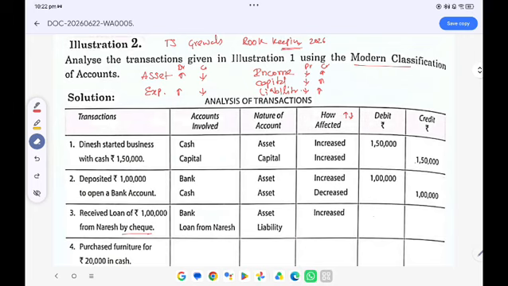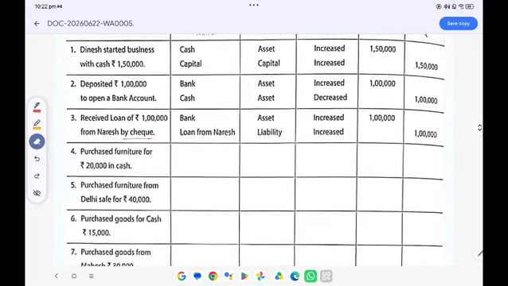At the same time, we owe Naresh. It's a new liability to us, so liability also increased. Both asset and liability increased. Asset increases is a debit, and liability increases is a credit. Understand? Next.